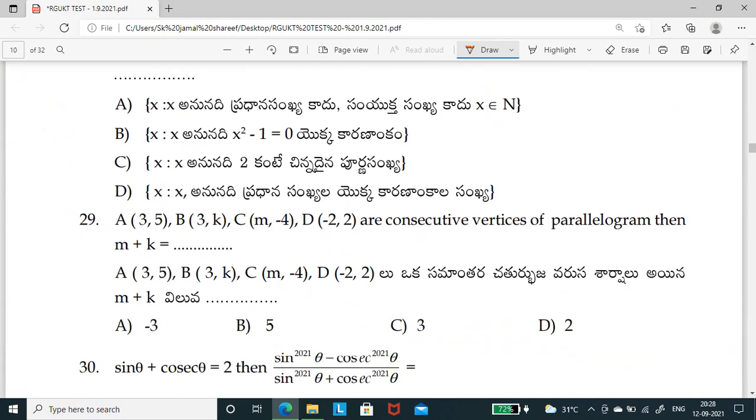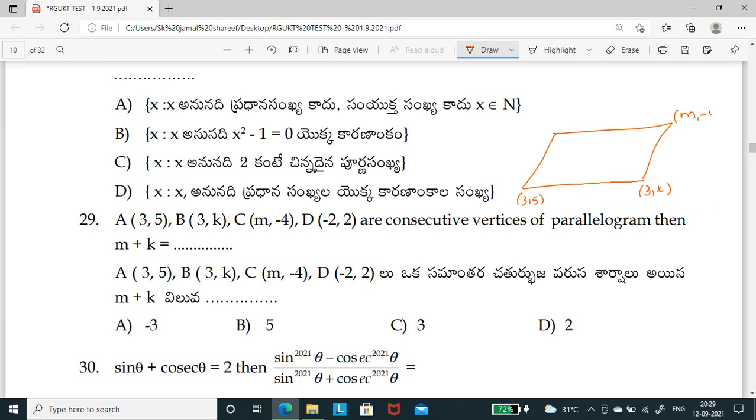Next, question number 29. (3, 5), (3, k), (m, -4) and (-2, 2) are consecutive vertices of a parallelogram. Then m plus k is equal to. So simply, when consecutive vertices of a parallelogram are given, you can follow this method, right?